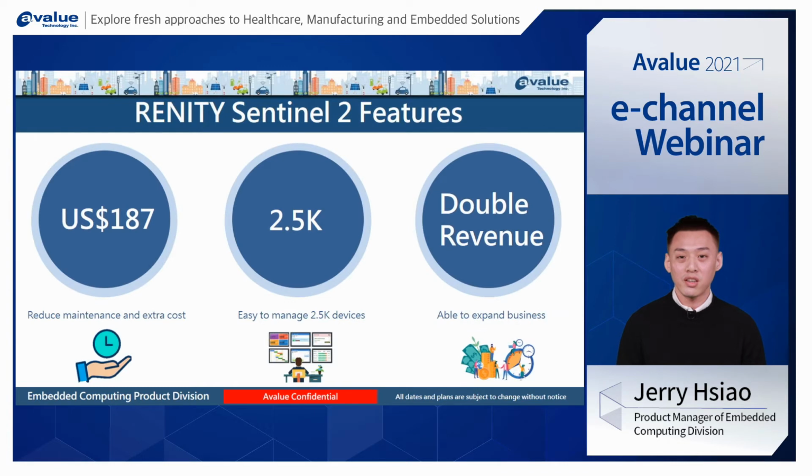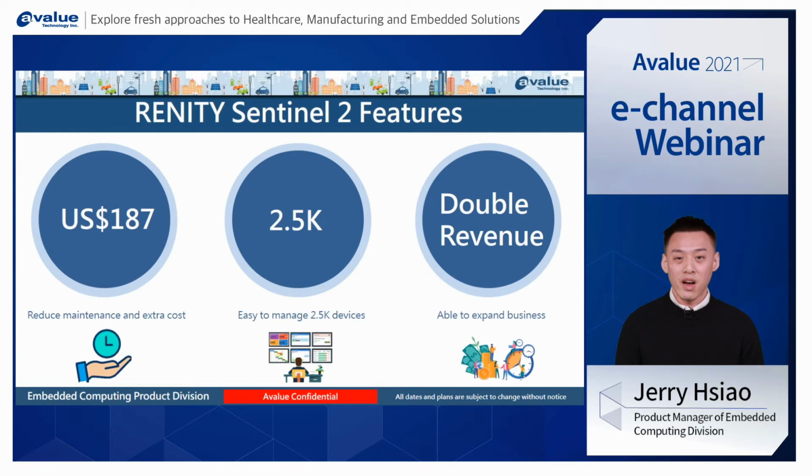So now I'm going to bring up the three main features of the RENITY Sentinel 2. First, we can easily waive our on-site repair cost. Secondly, you may be wondering how to manage all the devices at once. With RENITY Sentinel 2, we can easily control about 2,500 devices at once.